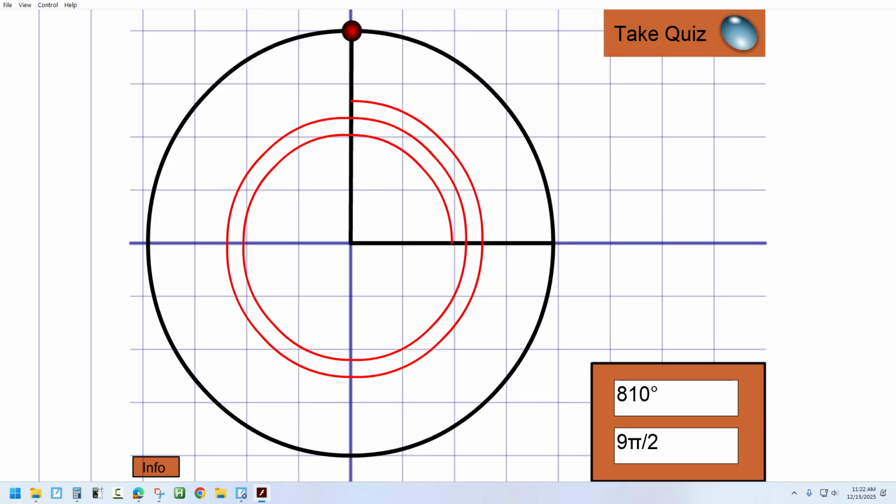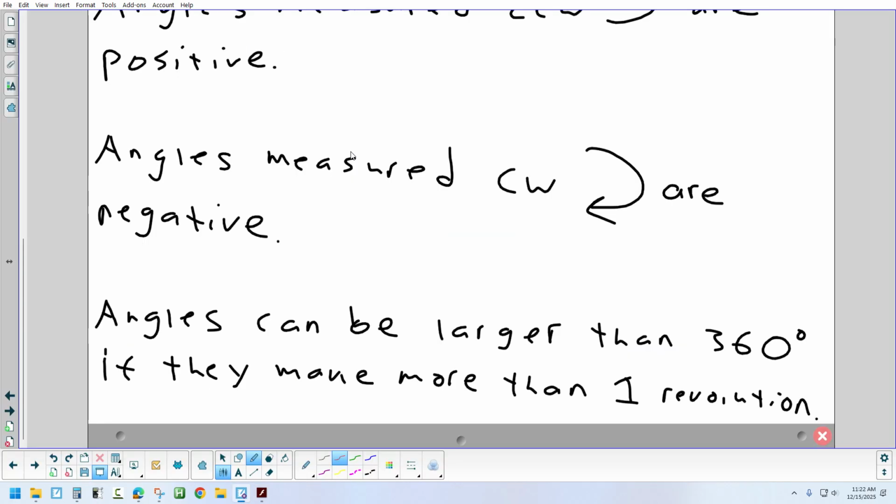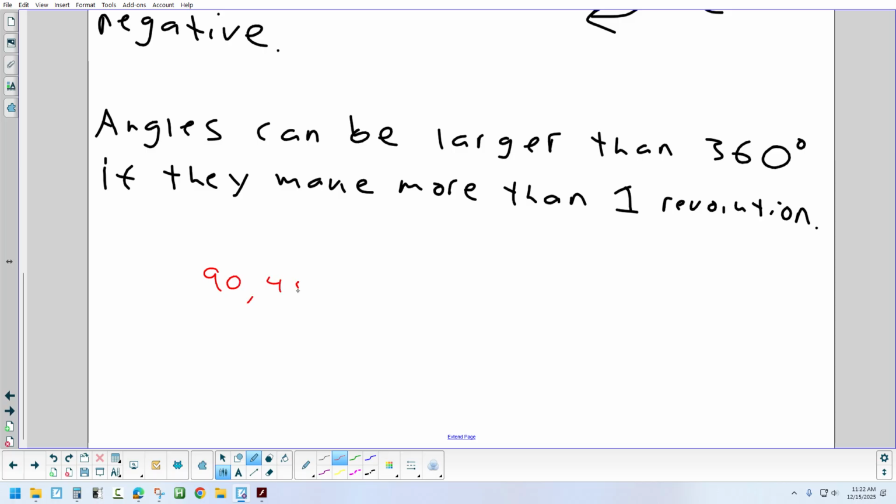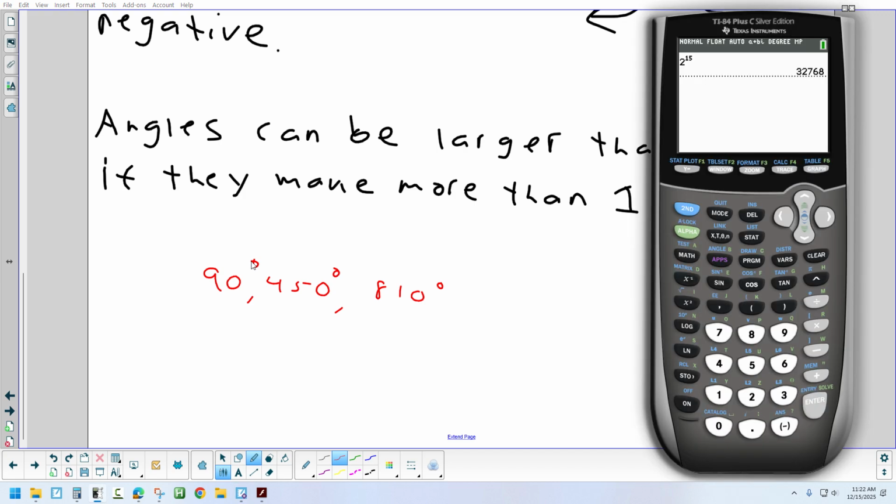How do the initial and terminal sides compare now to where they were at 90 and 450? Still the same. So we had three different numbers that I just did: 90, 450, and 810. All of those three angles had the same initial and terminal sides when I drew them. Everybody agrees with that?